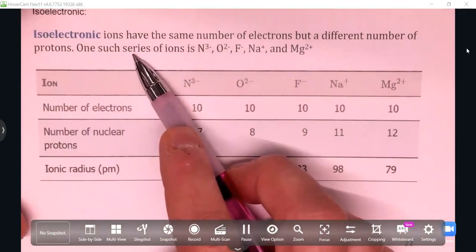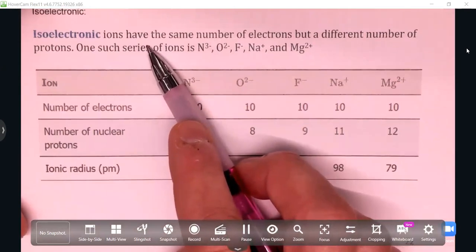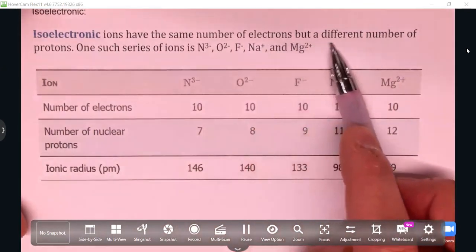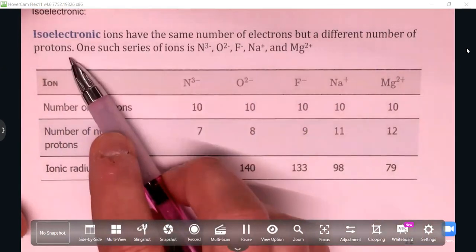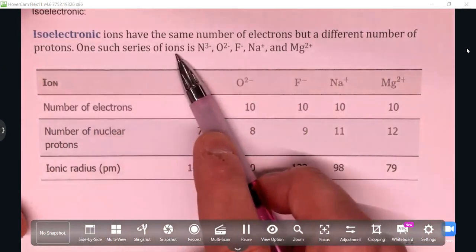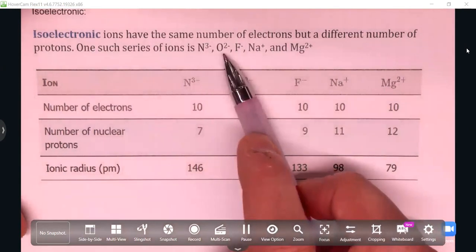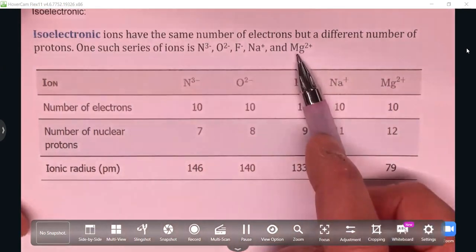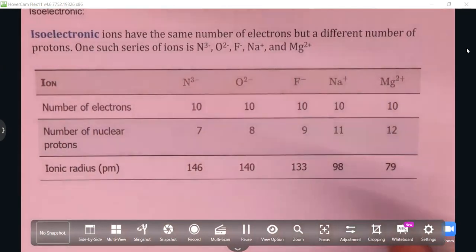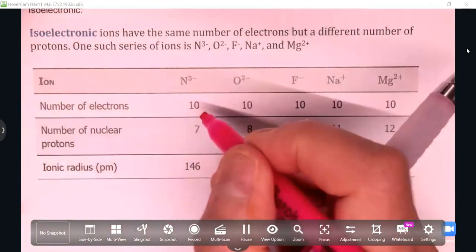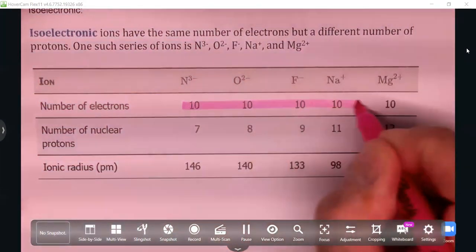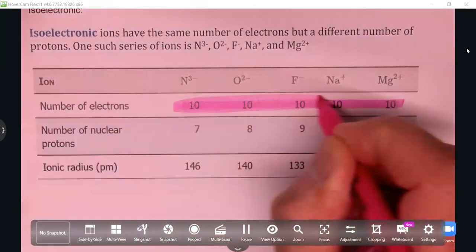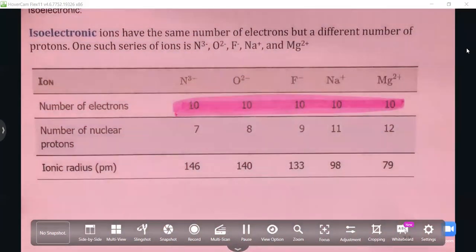It just means ions have the same number of electrons, but different numbers of protons. One such series of ions is nitride, oxide, fluoride, sodium, magnesium. Same number of electrons.